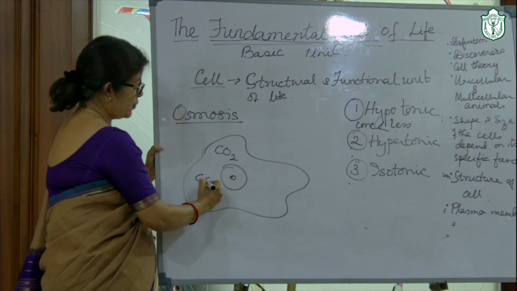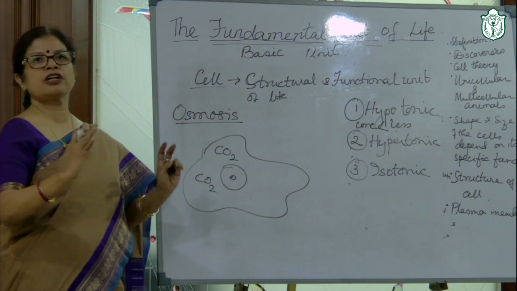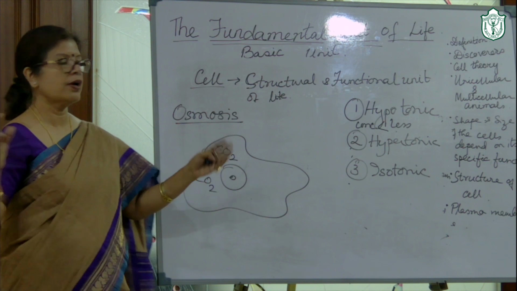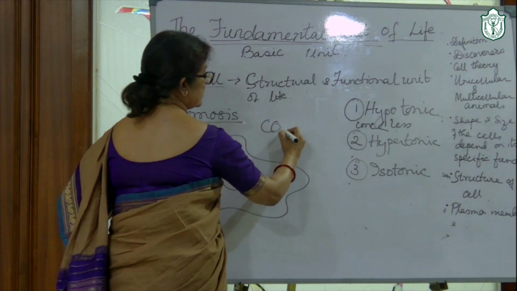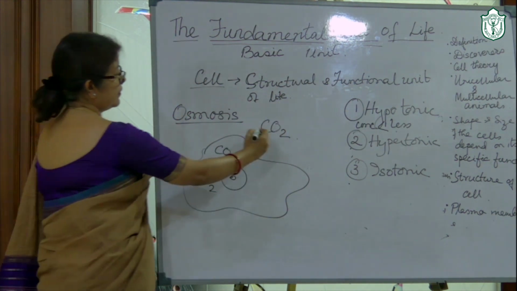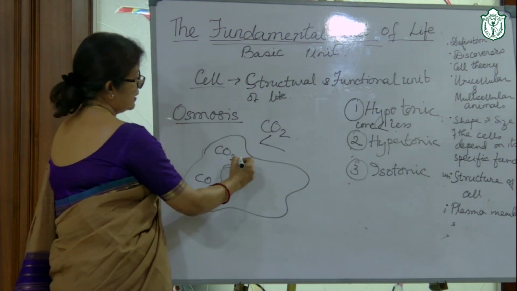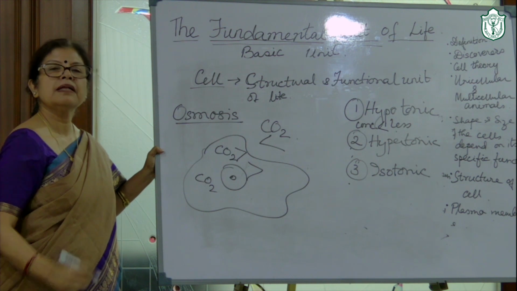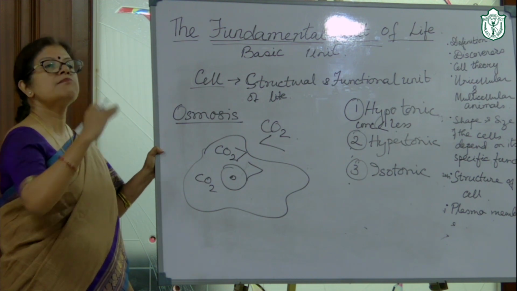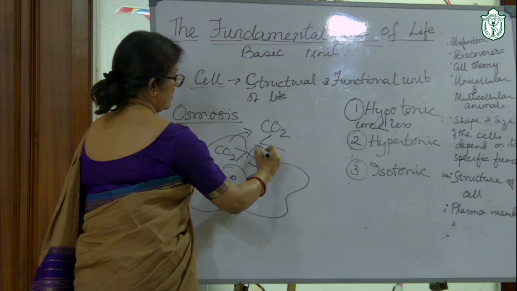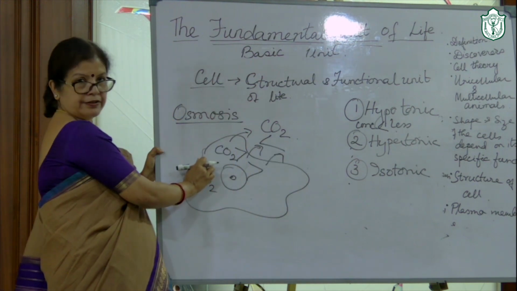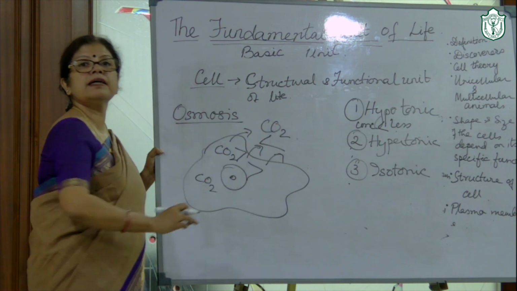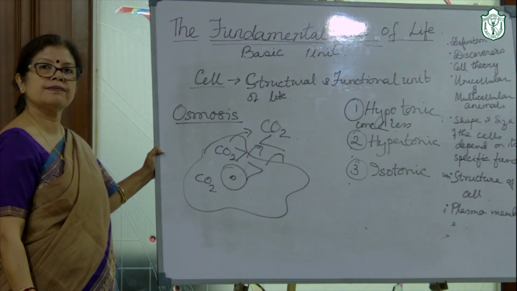Gradually the concentration of CO2 inside this cell becomes more compared to the outside, where it is less. So the CO2 will move out of the cell from its higher concentration to its lower concentration outside by the process of diffusion.